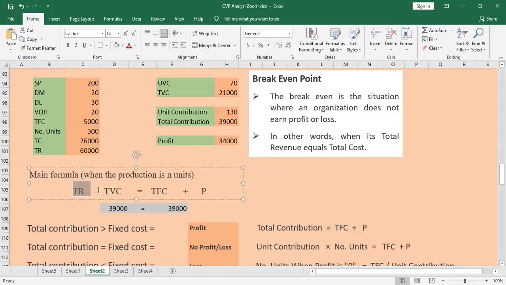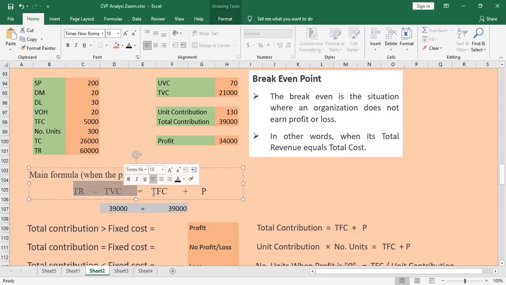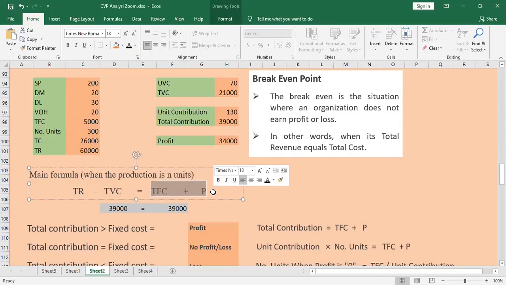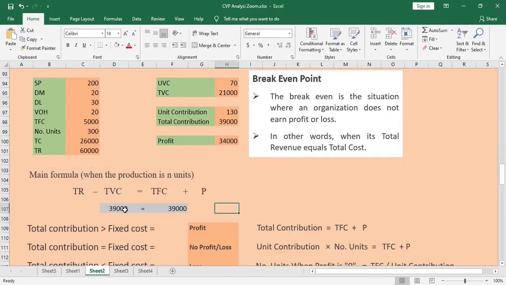So this side we have contribution, this side we have total fixed cost plus profit, right? So it's the same thing. So that means the contribution is equal to total fixed cost plus profit. See, 39,000, 39,000, same thing.